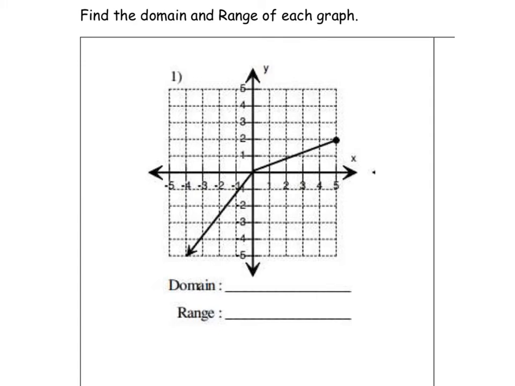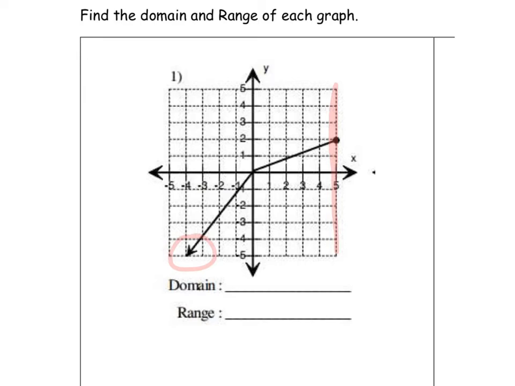So again, keep in mind that domain are all the possible x values. And so what I like to do is to just box in my graph. So I'm going to use the highlighter for this one because I think it's easier to see. So if we look at the right side of the graph, the x values end right here. But down here, for the left side of the x values, we have an arrow.